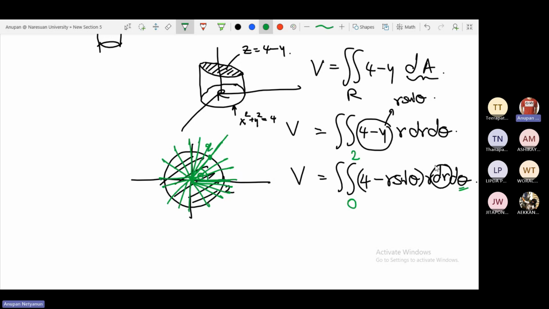Okay, so your theta starts from 0 up to 2 pi. Okay, so that is going to be the formula to find the volume in this case.